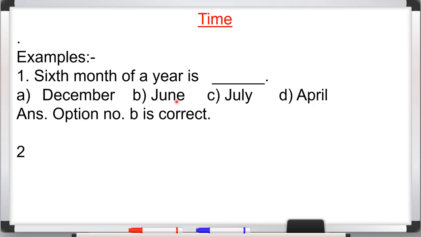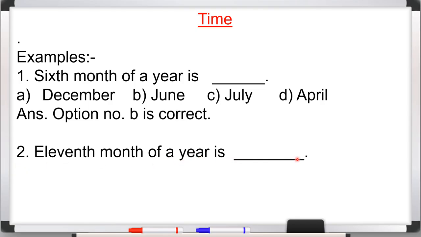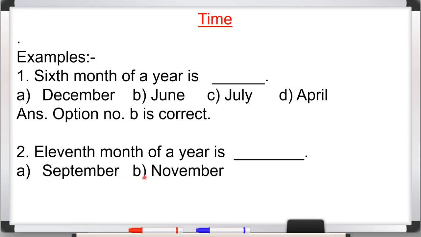Understood? Now example number 2. 11th month of a year is dash. So here again we have four options: A September, B November, C July, and D October. So again we have to open 11 fingers. Now we will start again from January.